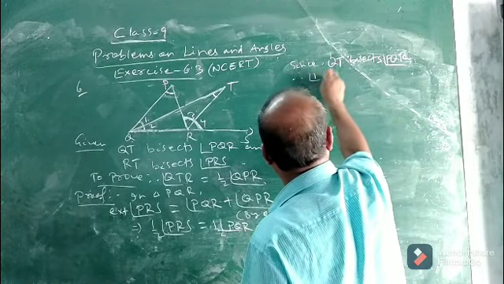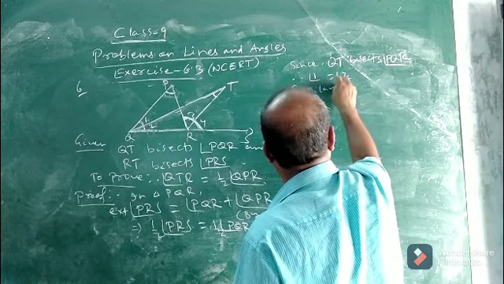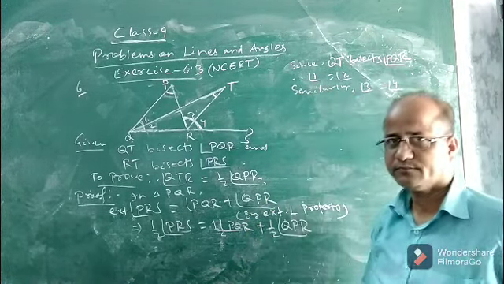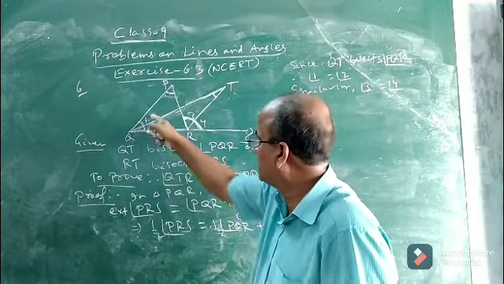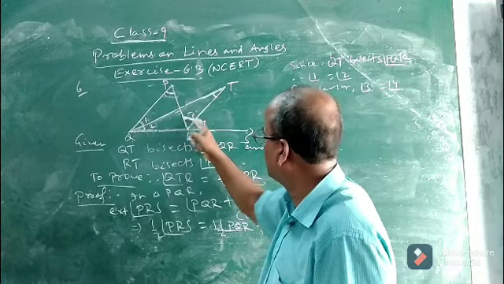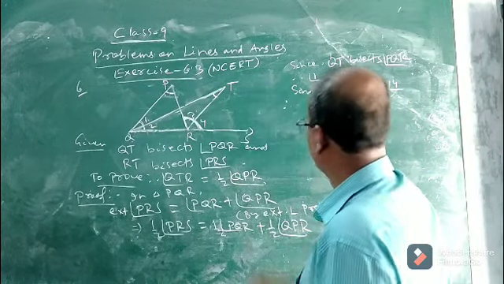Therefore 1 equal to 2. Similarly, we are given angle 3 equal to angle 4. Since RT is the bisector of PRS, 3 equal to 4, it is already given. Okay.